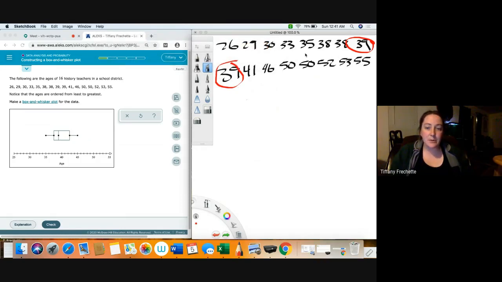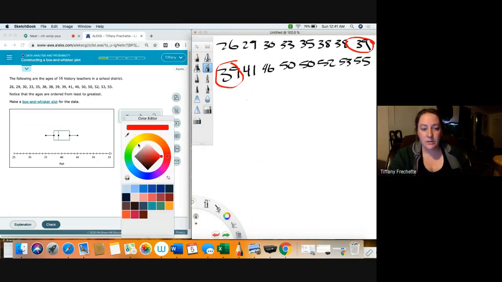So the last problem, we ended up with a middle number here. There was one left over, but in this case, the numbers divide exactly evenly. That sounded a little funny to say it that way, but they divided exactly in half. All right, so we also can very easily do the minimum, which is 26, and the maximum, which is 55.